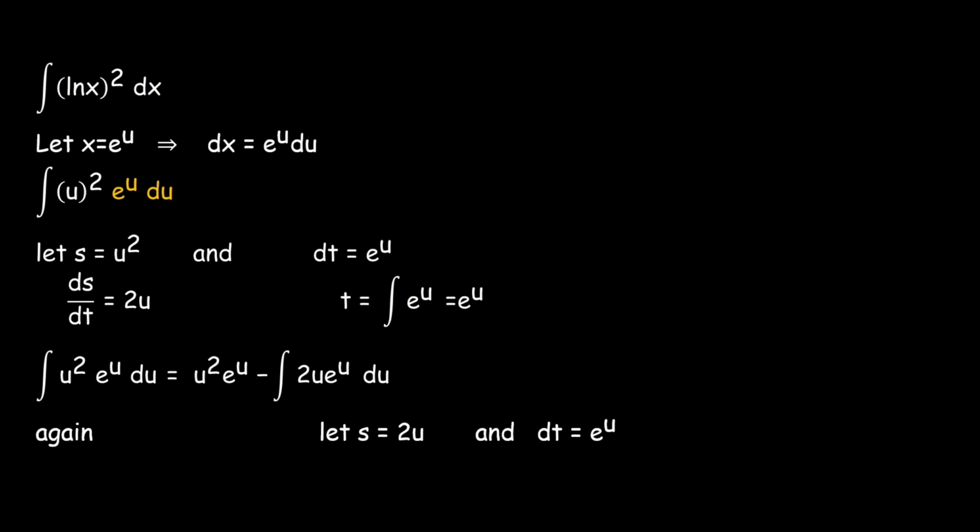Once again, we let s be 2u and dt be e to the power u. Remember, I said before in the first half of the video, you have to choose your variable in such a way that when you differentiate, its power is decreasing, right? So when you differentiate 2u again, its power will decrease and go to 0. So we have ds by du, and we also have t equal to e to the power u.